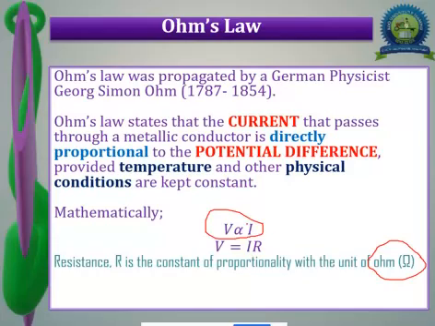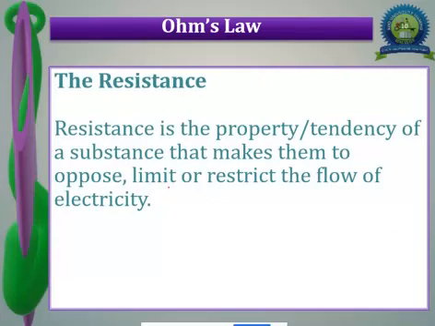Okay, a few things are important here. If temperature and other physical conditions are kept constant, then the applied voltage will be proportional to the current that is flowing in that material. Resistance is the property or tendency of a substance that makes it oppose, limit or restrict the flow of electricity.